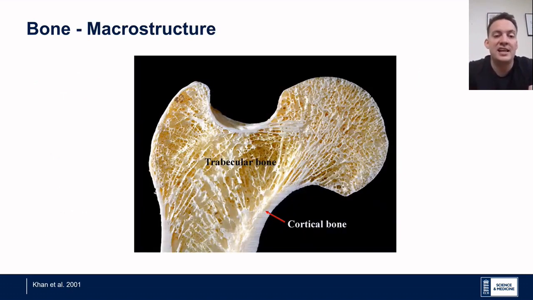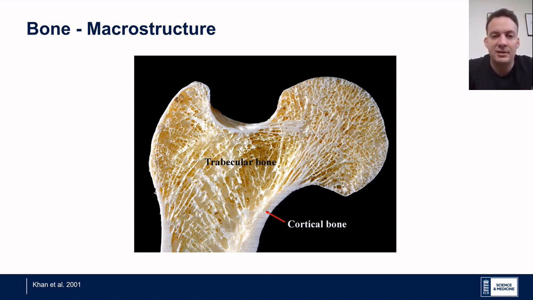The macrostructure of bone is typically like this, where there's a cortical shell with a trabecular filling. The cortical bone itself is really dense, really brittle, really hard, whereas trabecular bone is quite soft, it's spongy, it's not very dense, but the rods and struts of this type of bone can orient themselves in any direction against the typical loading patterns.